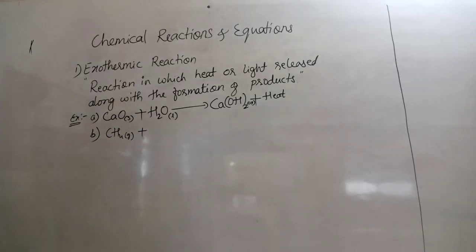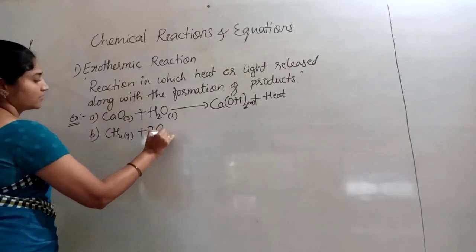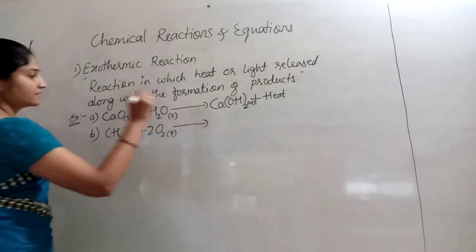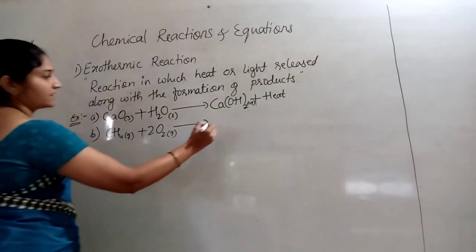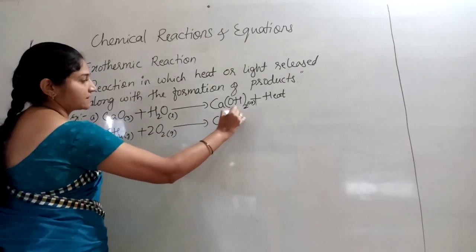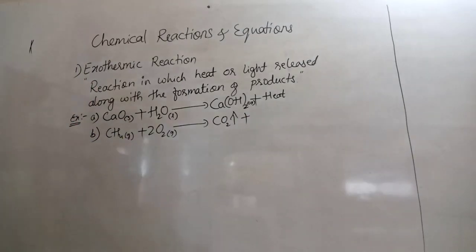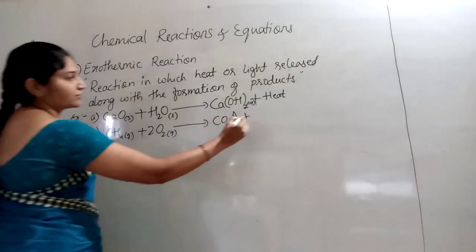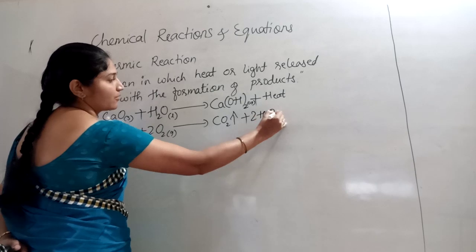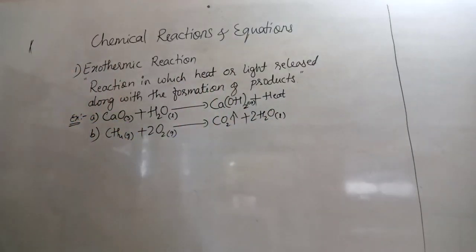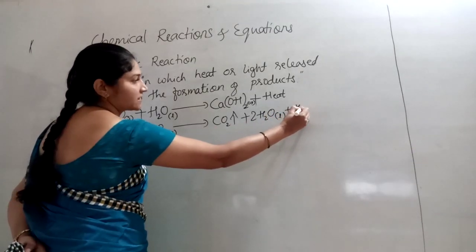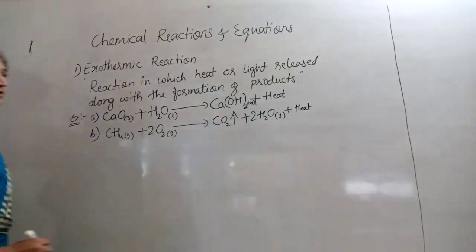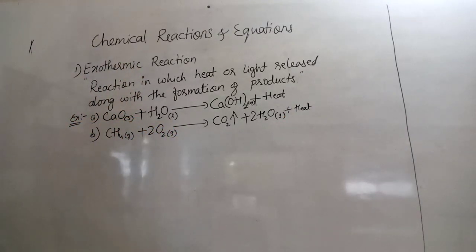CH4 plus 2O2, oxygen, where we are using it for burning purposes. Here CO2 gas is going to be released, along with water, 2H2O, and some amount of heat, or even light when we burn it. So this reaction is also an exothermic reaction, burning.